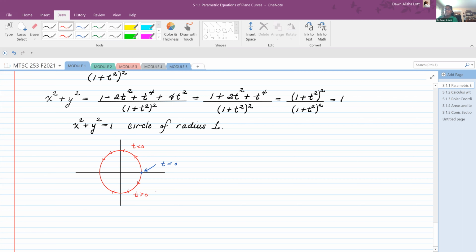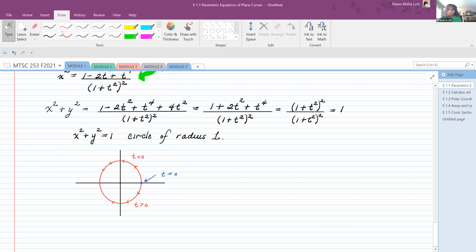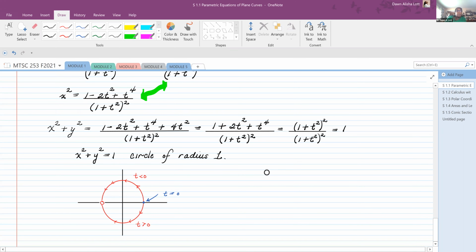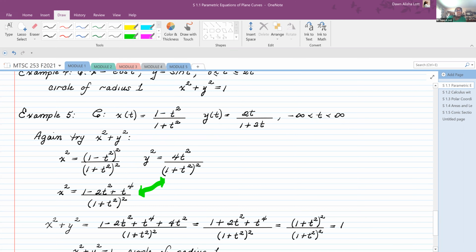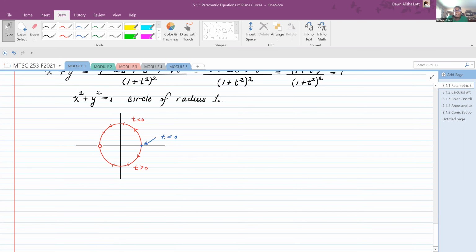But the problem is, t goes to infinity and never stops, and minus infinity. So this thing gets all the way over here, and there's actually a hole. So even though this looks like a circle, this is not the same parameterization as the other one. Okay, so these give you two completely different parameterizations.